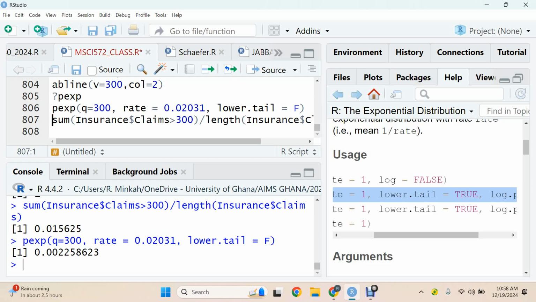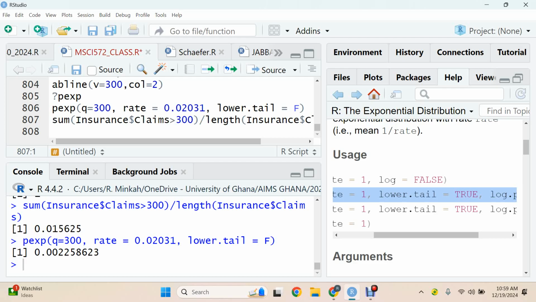Yes. How would I conclude that the distribution is a good fit? It must give you a probability that is close to what is actually happening. So the top one, 0.016, means that 1.5% or 1.6% is the probability. This one is giving us 0.2.